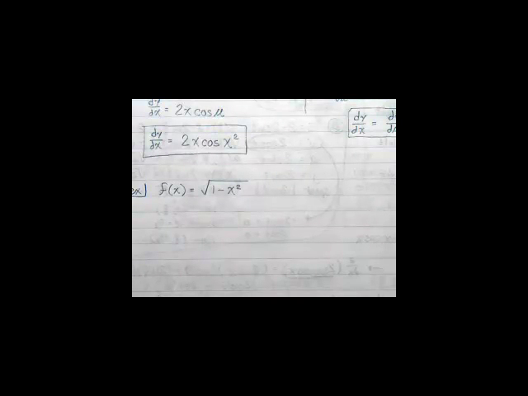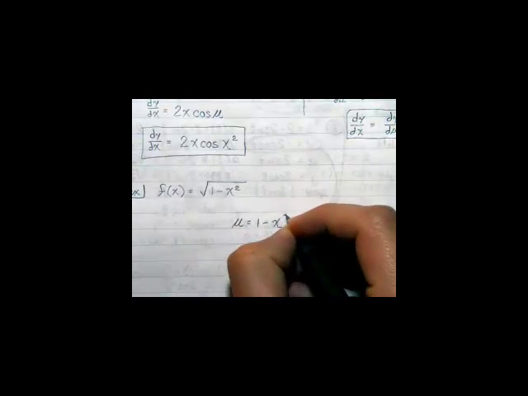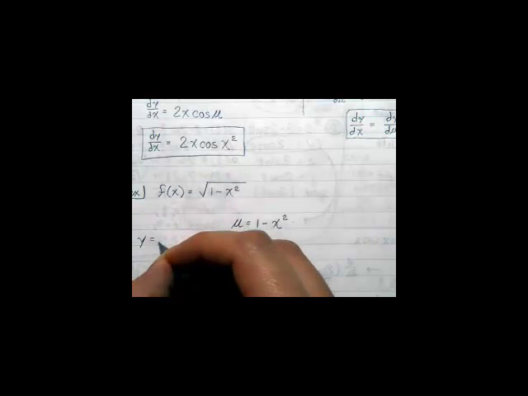So where does it appear a substitution happened to make this function? Exactly. 1 minus x squared. All right, and then I rewrite that equation with the u, and it would just be the square root of u. Okay?